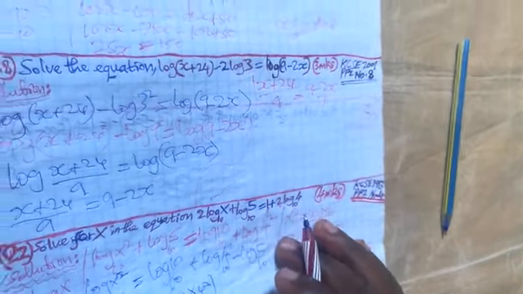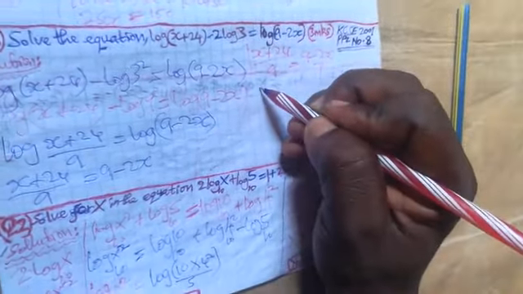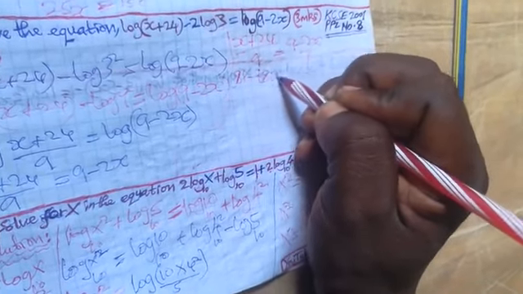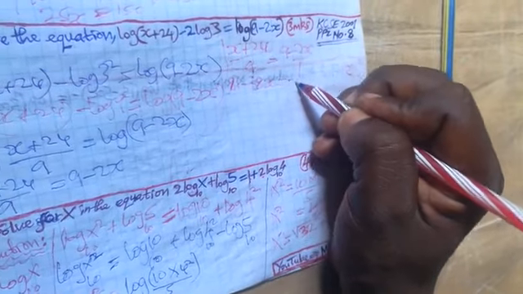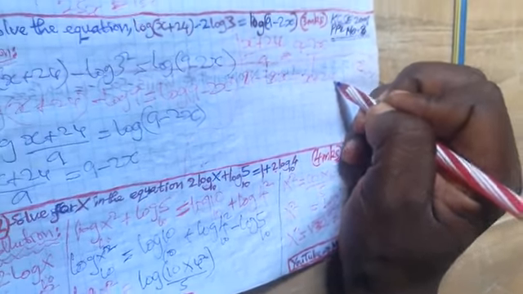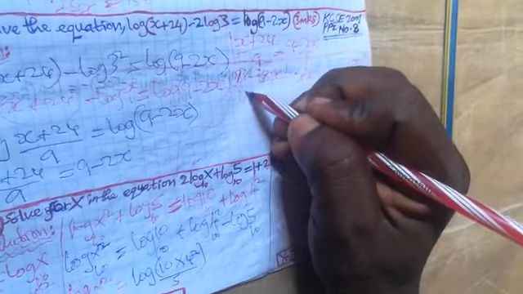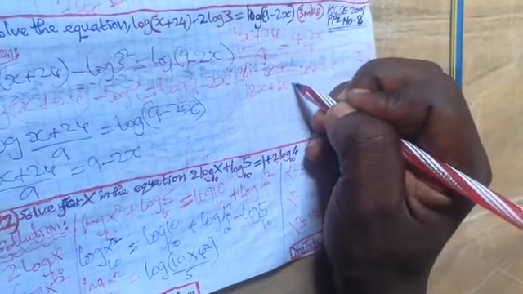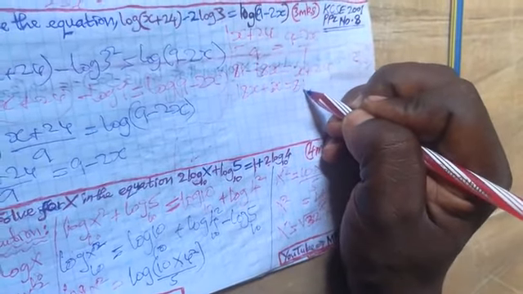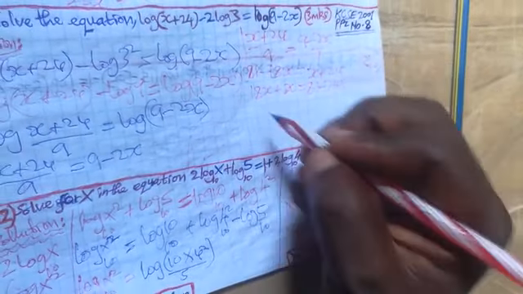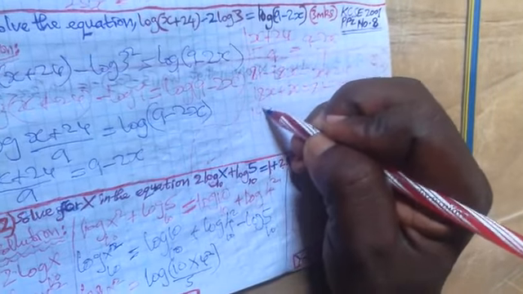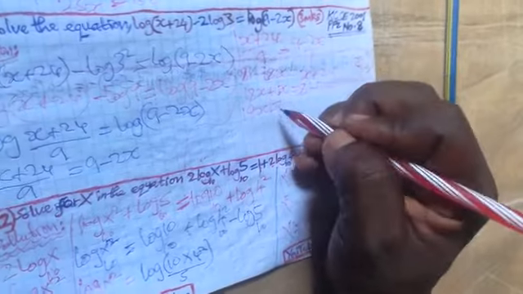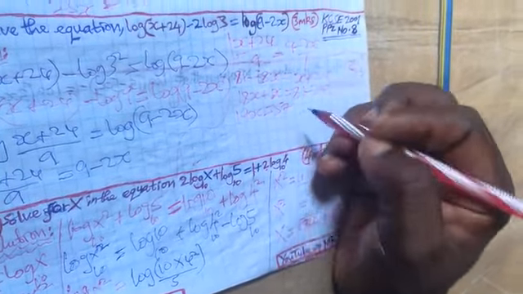By cross multiplying, we say 81 minus 18x is equal to x plus 24. So 18x plus x is equal to 81 minus 24. If we add, we say 19x is equal to 81 minus 24, this gives us 57.